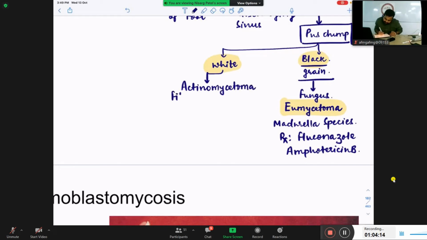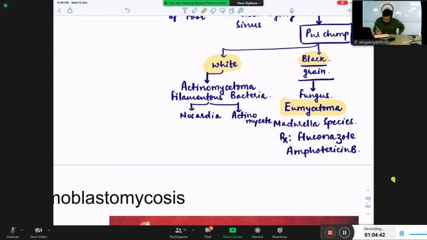It is caused by filamentous bacteria. So which are the two filamentous bacteria? The causative agent can be either Nocardia or Actinomyces.